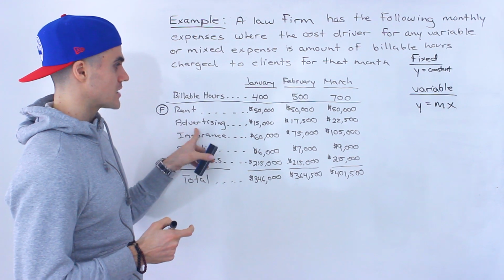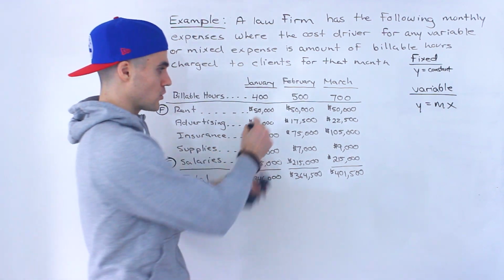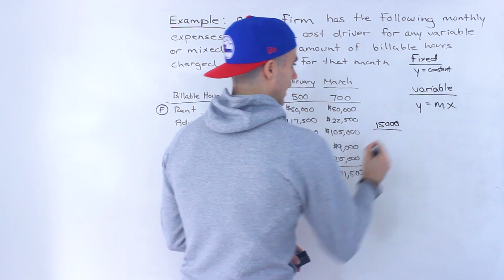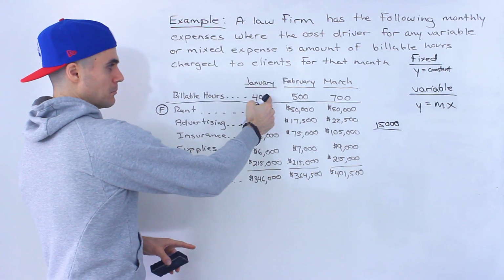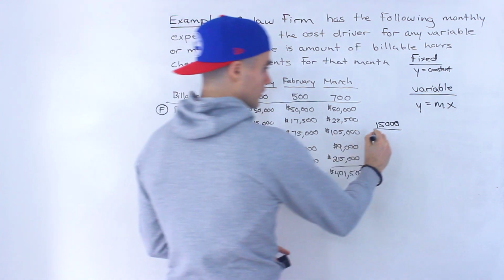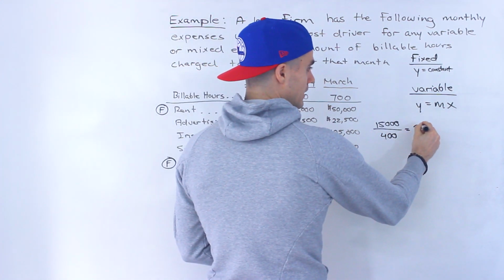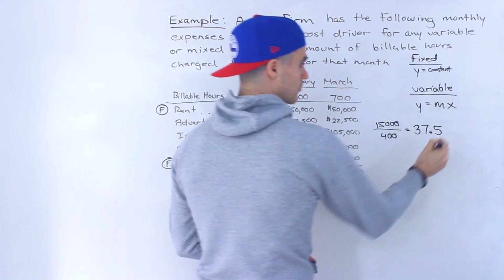If we take advertising, let's take the total cost of $15,000 and divide it by the cost driver, 400. In your calculator, you'd end up getting 37.5.